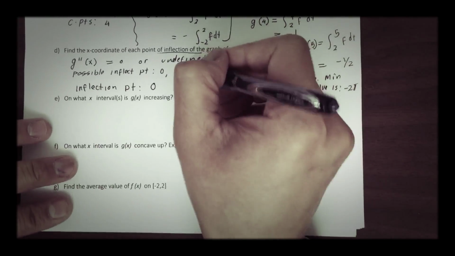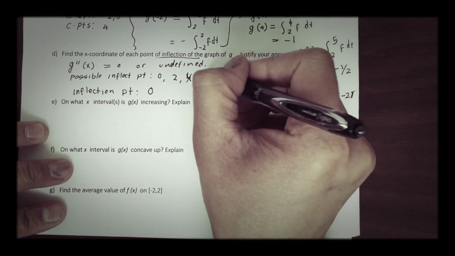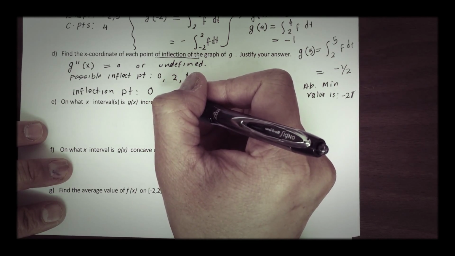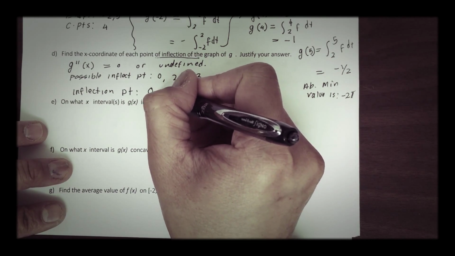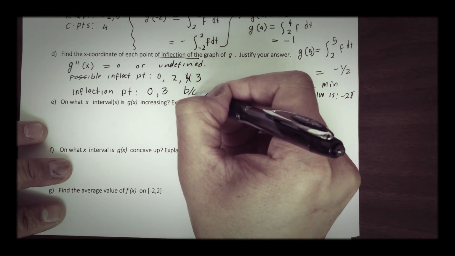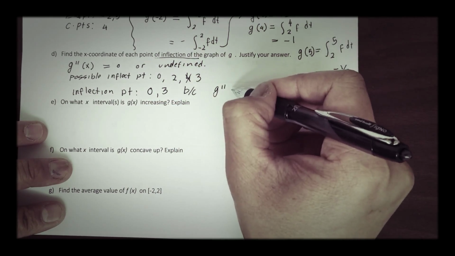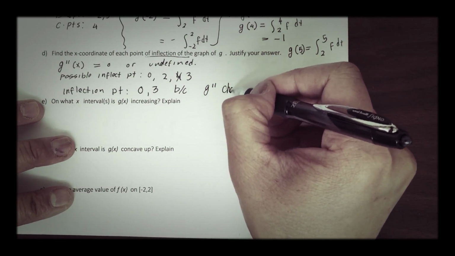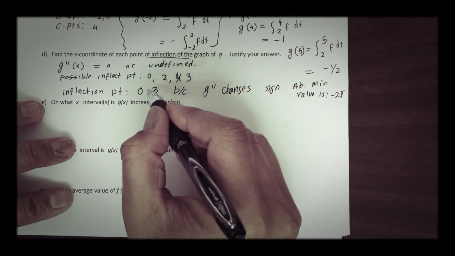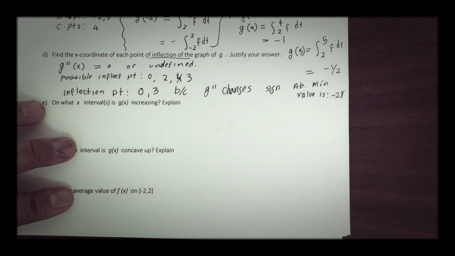So cross that out. That should have been 3, and that is another inflection point right here. So 0 and 3, because g double prime changes sign at these points, and therefore those are inflection points.